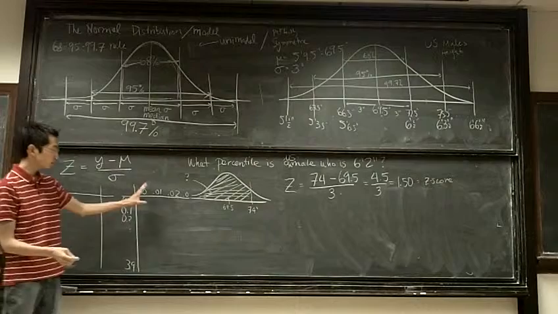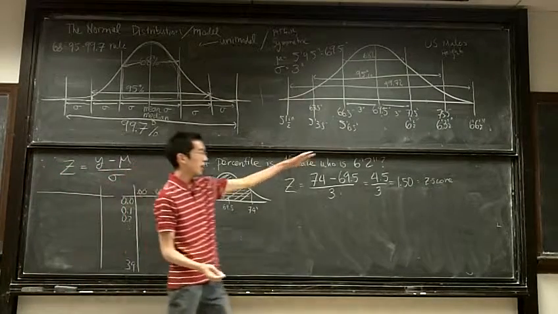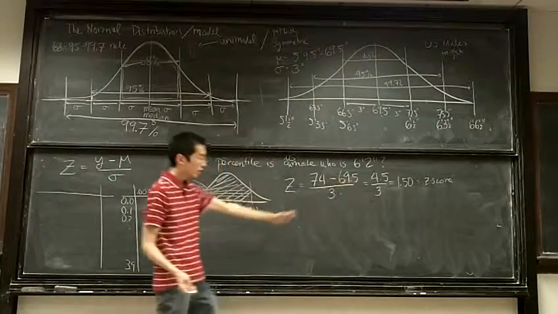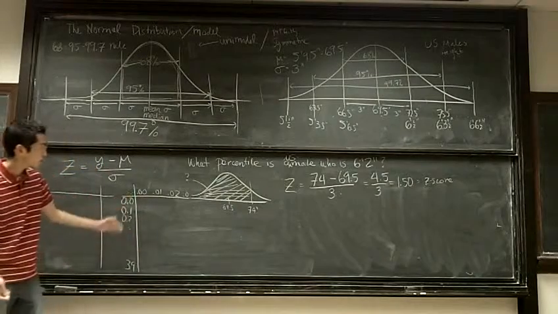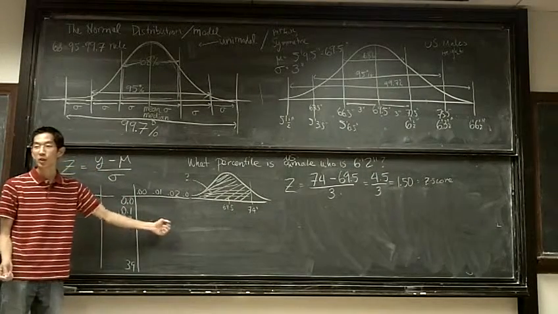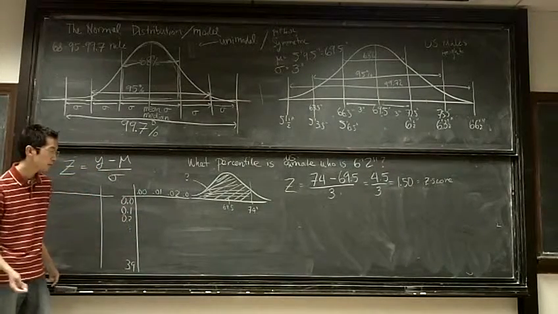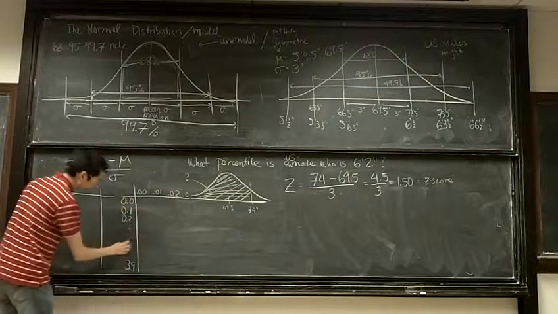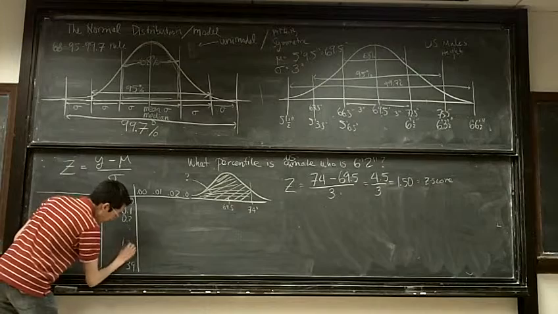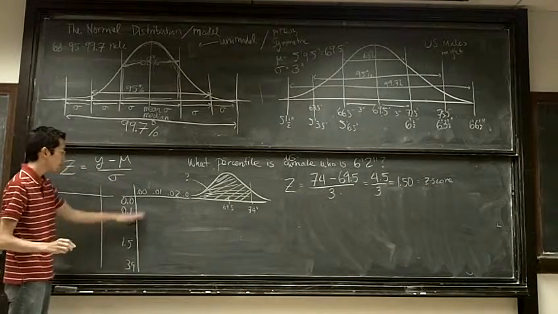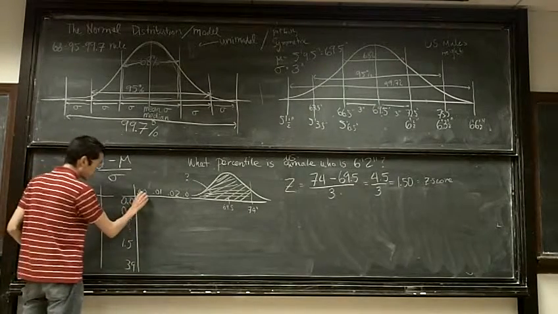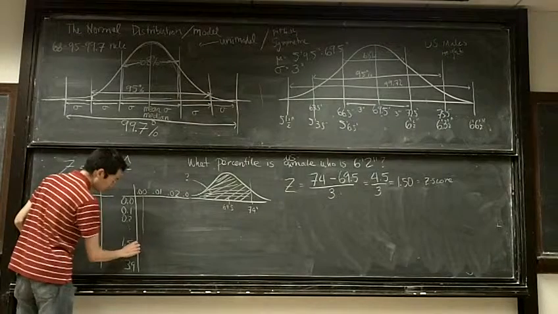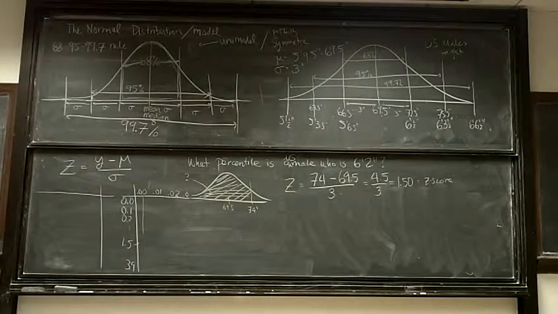So the way you use the z-table is if you have a z-score, if you look up the z-score, it will return the area to the left, okay? So in this case, we want to look up the value 1.50, so we go to the row 1.5 and the column 0.00, and the intersection of 1.5 and 0.00 is 0.9332.